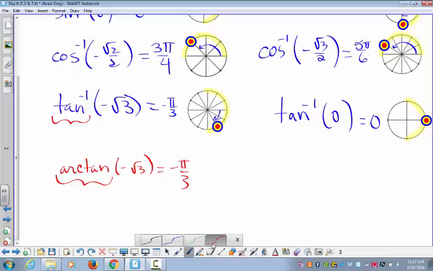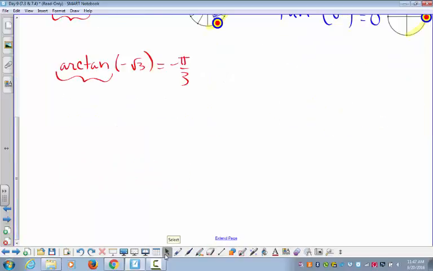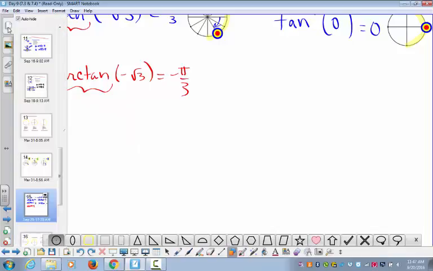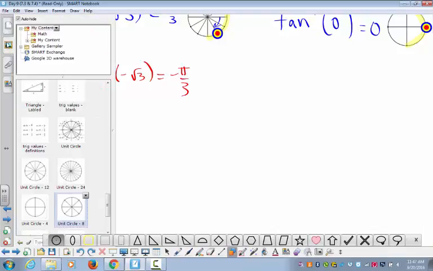And the reason that it works totally fine, your last exam we looked at this situation. Actually, let me grab a unit circle that's already made. That'll be a little easier.